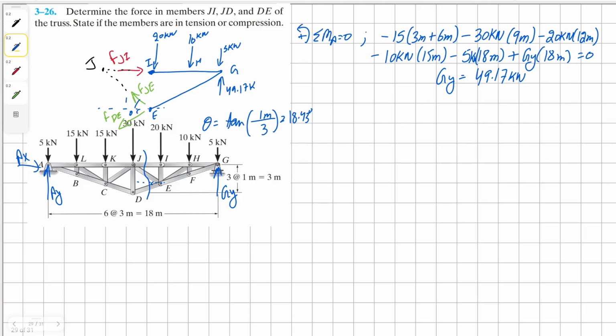Then our angle beta for JE is going to be 2 meters divided by 3, and this angle is 33.69 degrees.